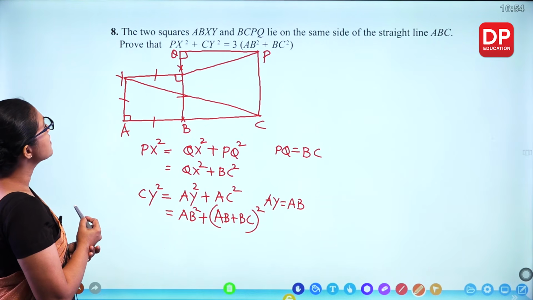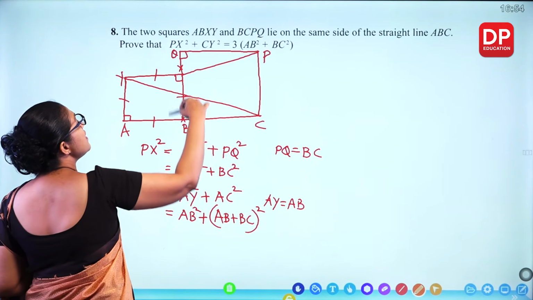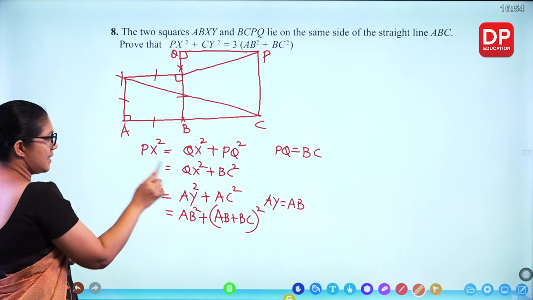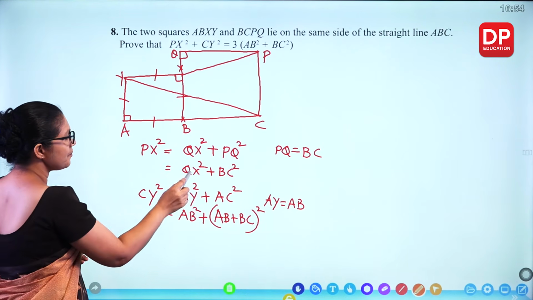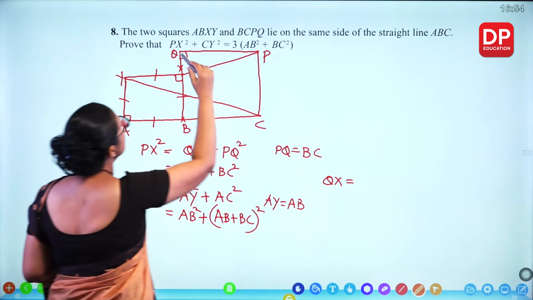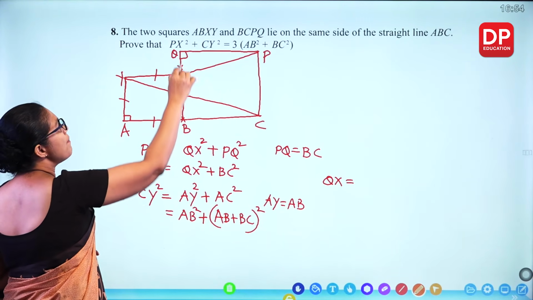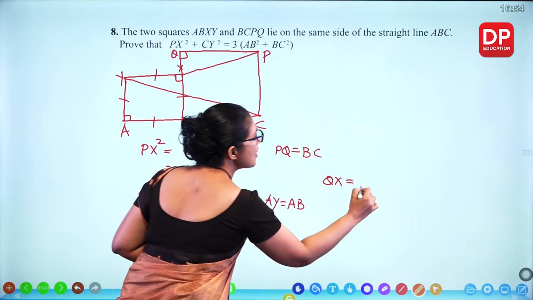What is QX? If I can write in terms of this length, it's easy. So I can write QX as BQ minus BX.